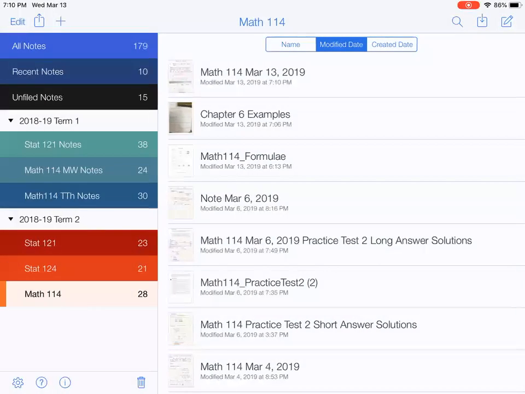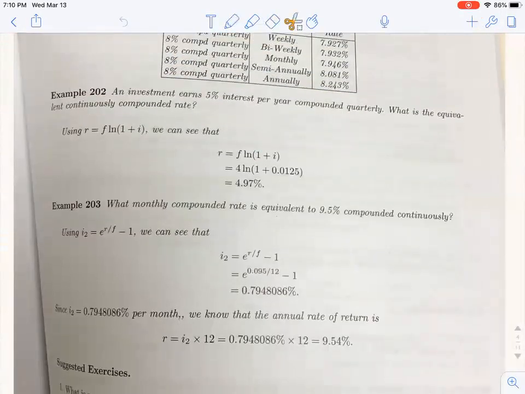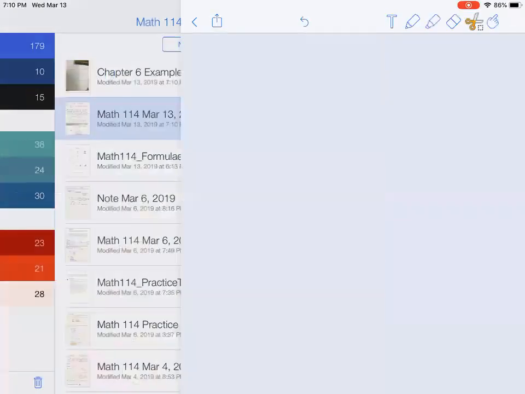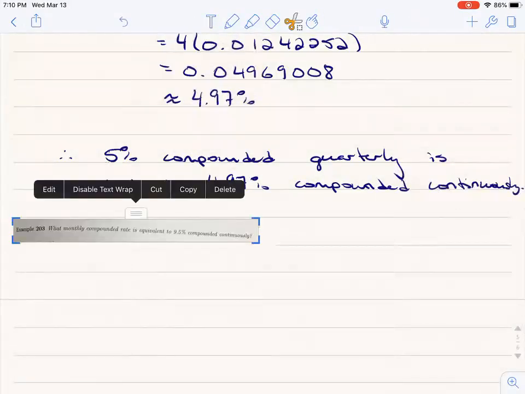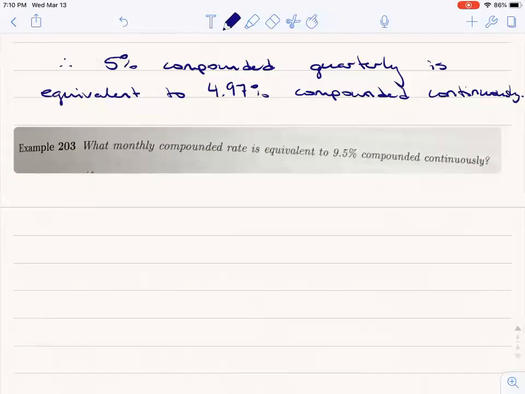Let's do example 203. What monthly compounded rate is equivalent to 9.5% compounded continuously?